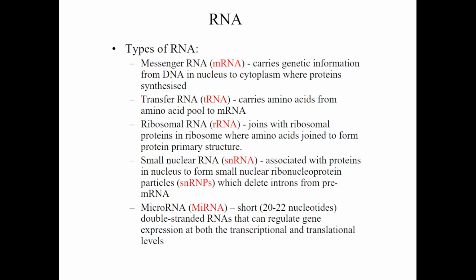And very important regulative RNAs, so-called microRNAs, miRNA. Short, double-stranded RNAs, which can provide regulation of gene expression. Really, they bind with the messenger RNA and provide a signal for digestion of the messenger RNAs.